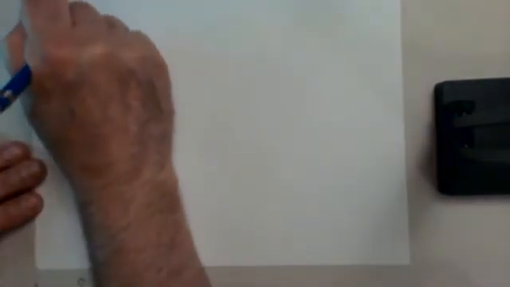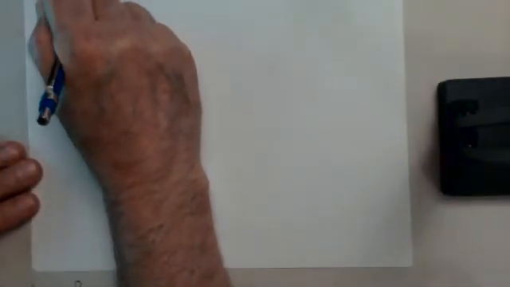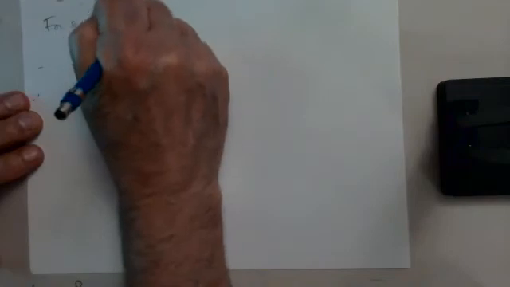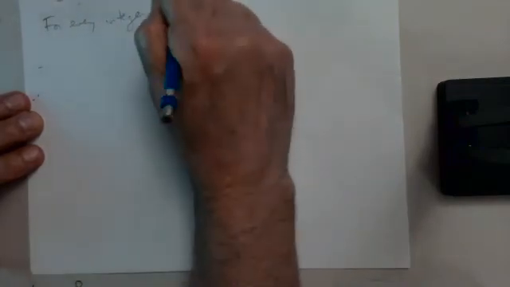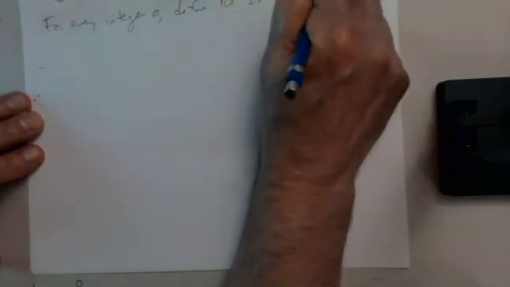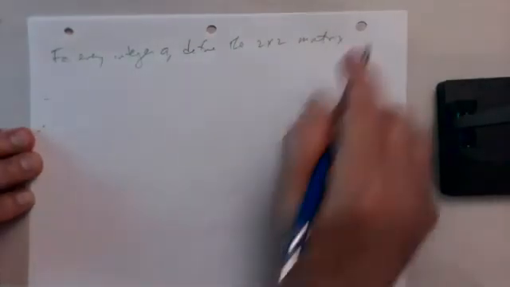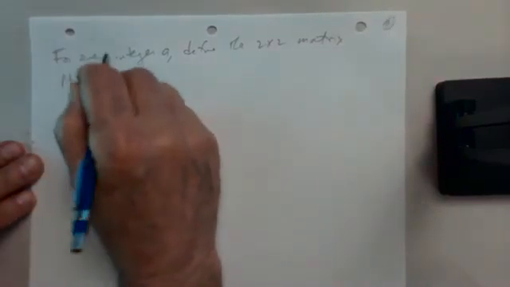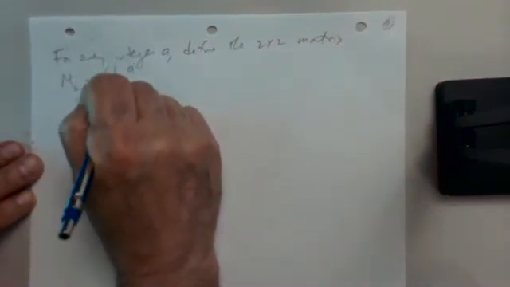the set H of 2-by-2 matrices. So let me put it like this. First of all, for every integer A, define the 2-by-2 matrix M sub A, which is 1, A, 0, 1.